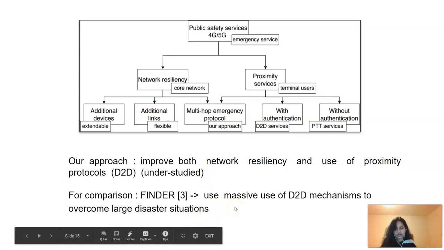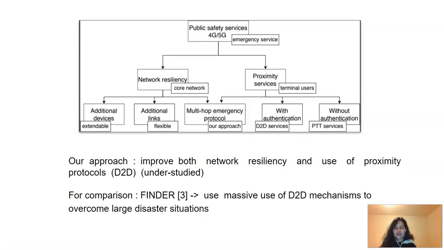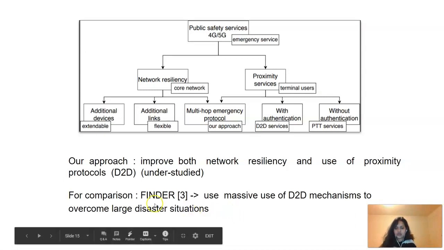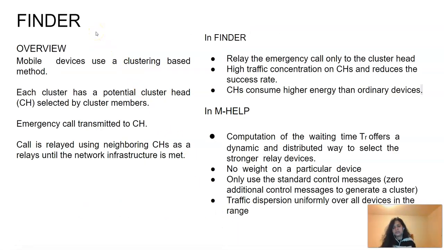Out of the rare works, I was able to find a research work which proposed the Finder algorithm, which used massive D2D mechanisms to overcome a large disaster scenario. So I used the Finder algorithm to compare my work.